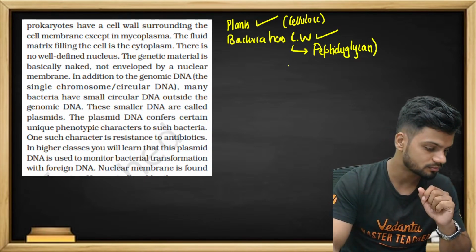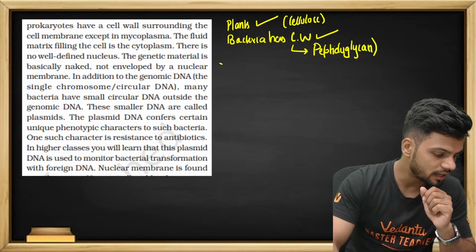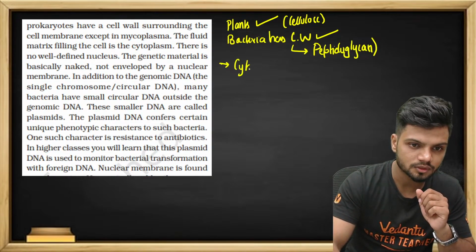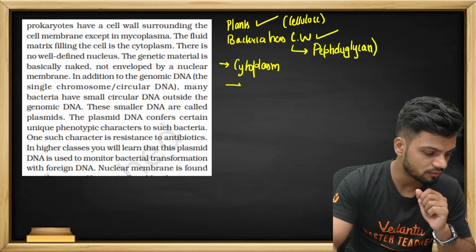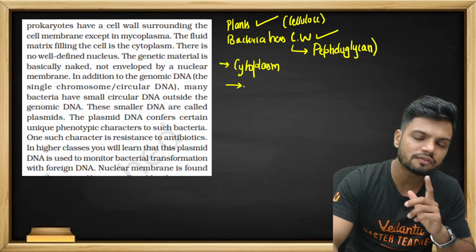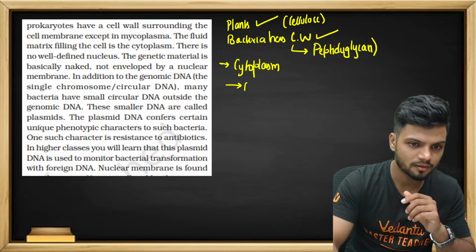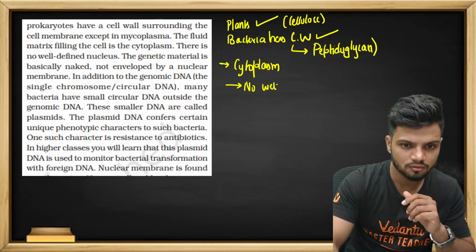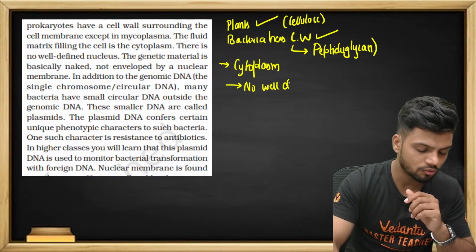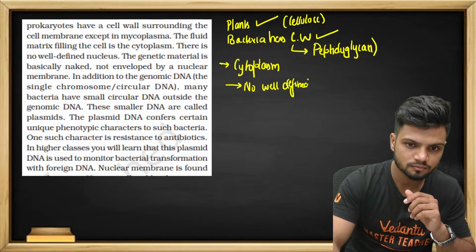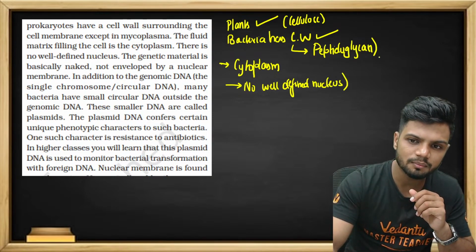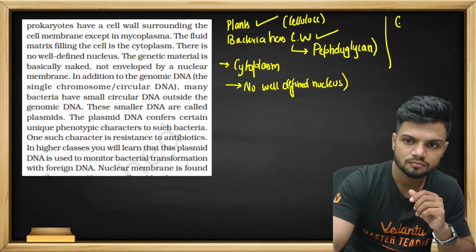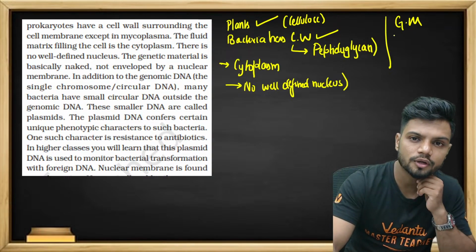Always remember that. Okay. Now, do they have cytoplasm? Yes, they have cytoplasm. Do they have a well-defined nucleus? No. No well-defined nucleus, not there at all. Do they have genetic material in the prokaryotic cell?